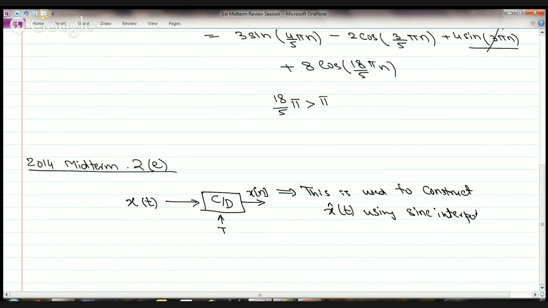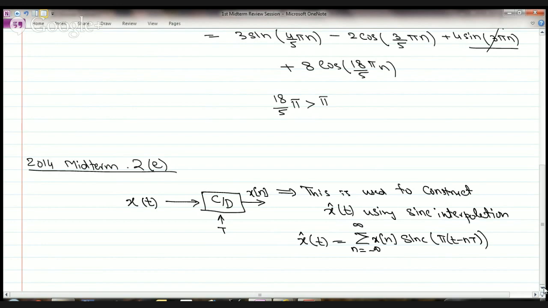Now, the terminology may sound strange to you, but sinc interpolation, if you remember exactly, is nothing. If you have the right sinc interpolation formula, which is what is given in the question, x hat of t is equal to the summation n from minus infinity to infinity, x of n, sinc of pi times t minus nT, where sinc means sine of pi times t minus nT over pi times t minus nT.